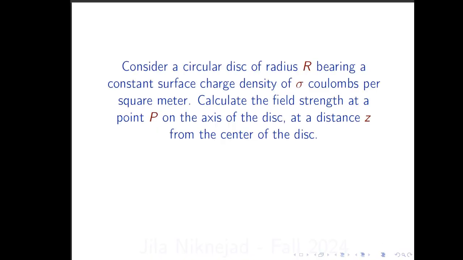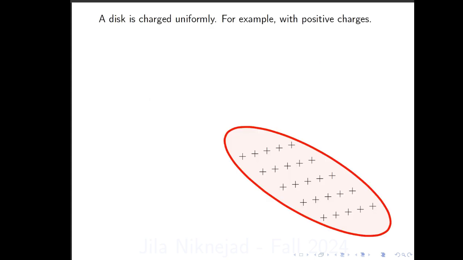Again, consider a circular disk of radius capital R bearing a constant surface charge density of sigma. Calculate the field strength at the point P on the axis of the disk at a distance z from the center of the disk. We're going to imagine the disk is charged uniformly with positive charges.